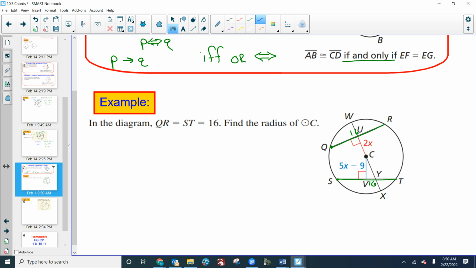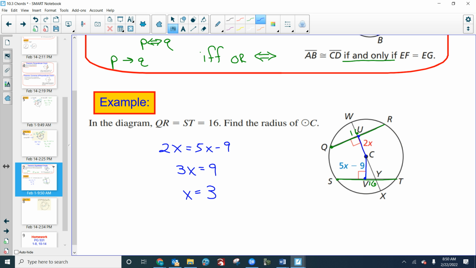So 2x and 5x minus 9 must be equal. 2x equals 5x minus 9. So 3x equals 9. So x equals 3.